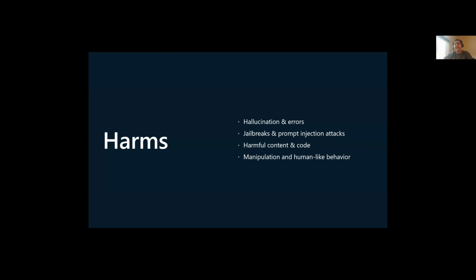Jailbreaks and prompt injection attacks can override that persona definition, and can change the deployed model and the application behavior completely. Then definitely there are harmful content, code generation, manipulation, and human-like behavior, right? They start to act like humans, and you can say you are a human, you need to be logical, you need to answer in this way. So you can understand that the challenge here is not a machine level problem solution. You have to have the processes and the tools that think and interpret the information and the responses like humans.